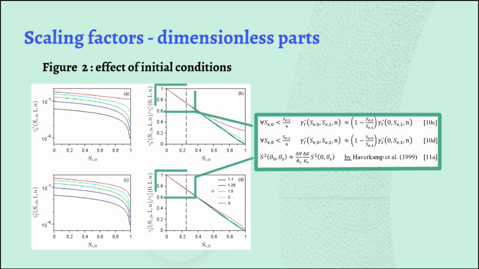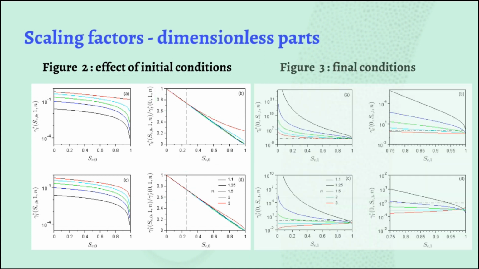And also it simplifies the computation: we just need to compute the scaling factors between 0 and the final saturation degree. So you have here this computation for time and infiltration, and also you have a zoom, in fact, at the end when the final saturation degree tends towards 1.